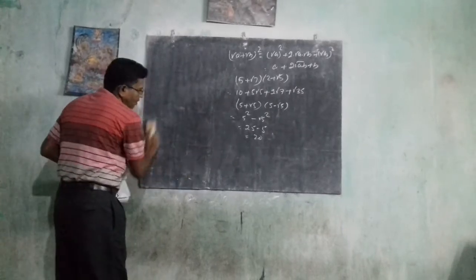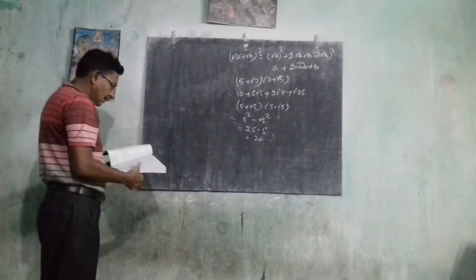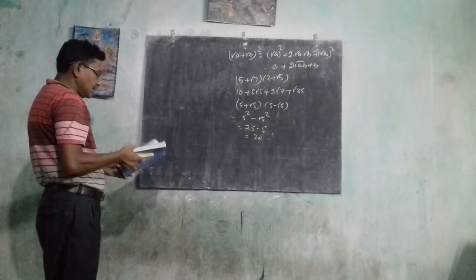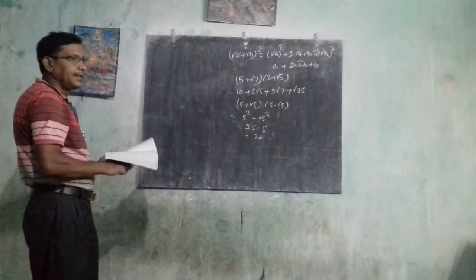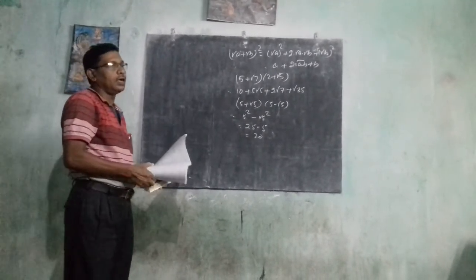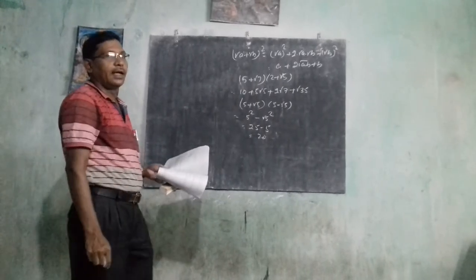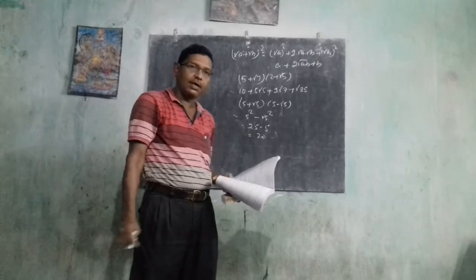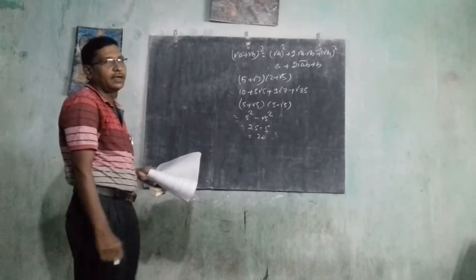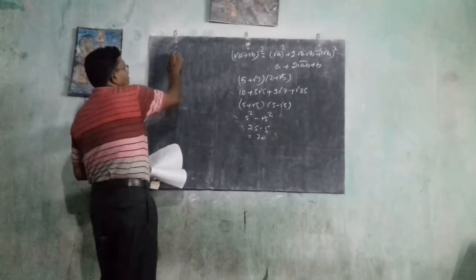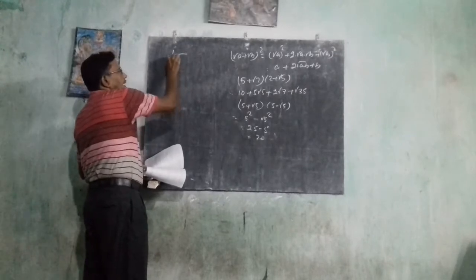Now we can study another topic, rationalize the denominator. It means we convert the denominator into a rational number. Rationalization of the denominator means if the denominator has an irrational number, that irrational number must be converted to a rational number. Suppose here 1 by root 5.